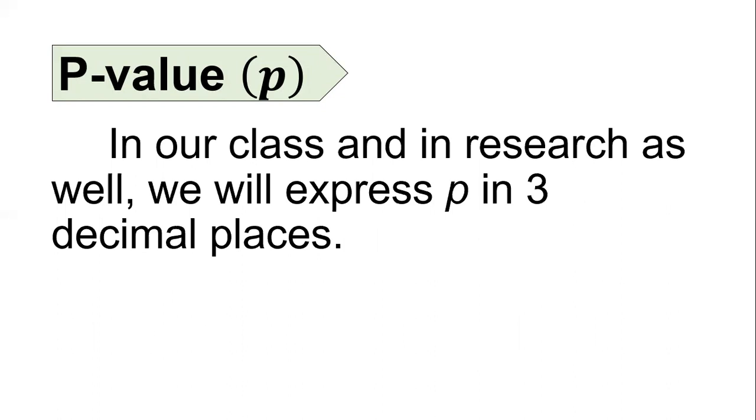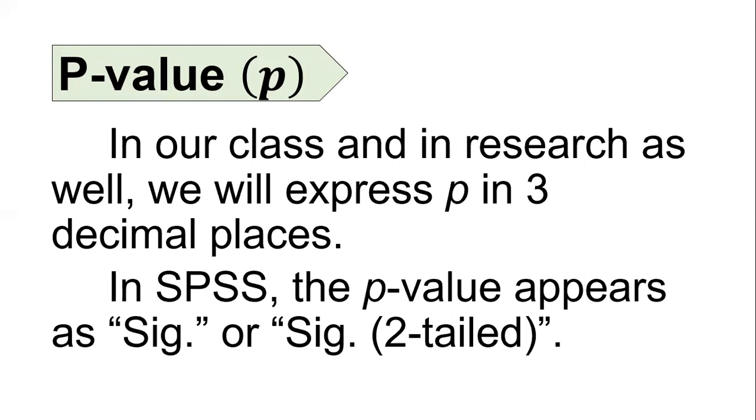Other values could be expressed in 2 decimal places, but p will be in 3 decimal places. In SPSS, or the Statistical Package for the Social Sciences software, the p-value appears as either sig or sig two-tailed, depending on the type of statistical test you are running.